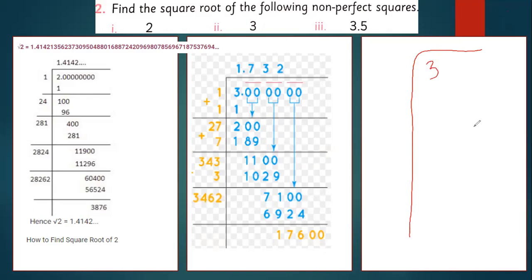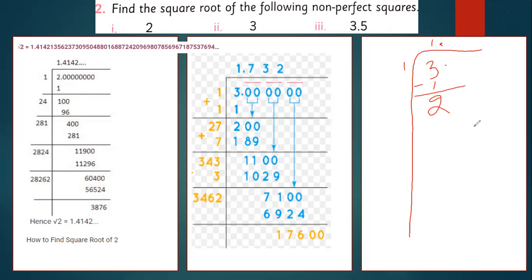So for the square root of 3, what table should be there? 1 ones are 1, 2 twos are 4, 3 threes are 9. 1 ones are 1. Subtract 1 from 2. Okay, put there a decimal point, then a point there as well.